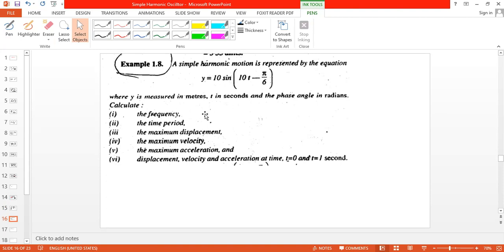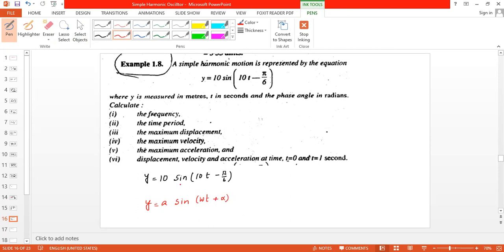Notice the equation given here: y equal to 10 sin(10t minus pi by 6). And we know that the general equation for simple harmonic oscillation is y equal to a sin(omega t plus alpha).